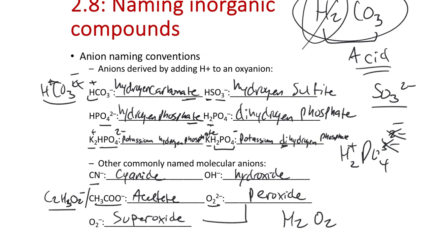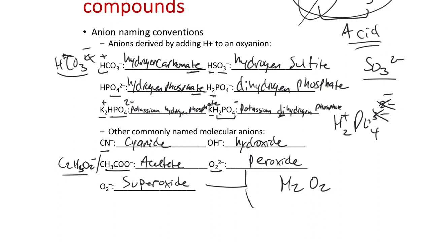So these, with metal ions, only form with certain alkali and alkaline metals.